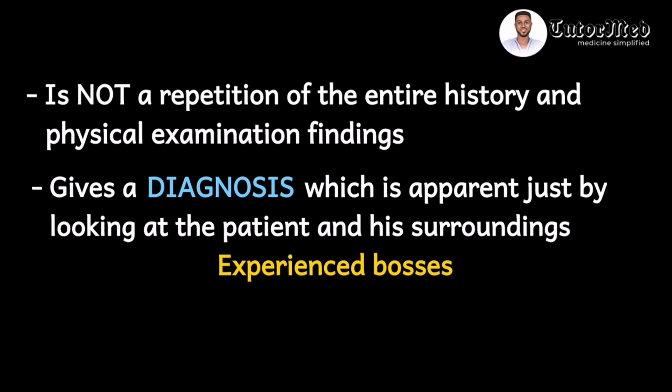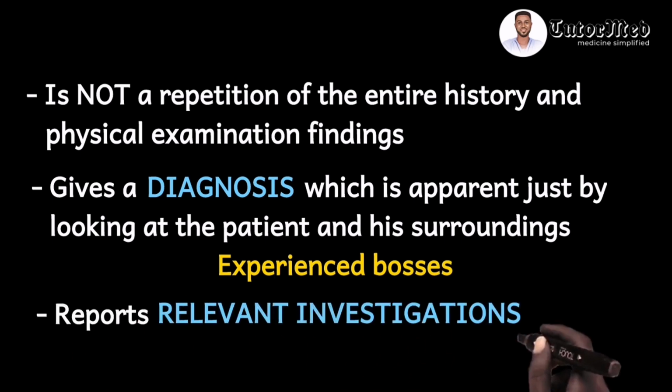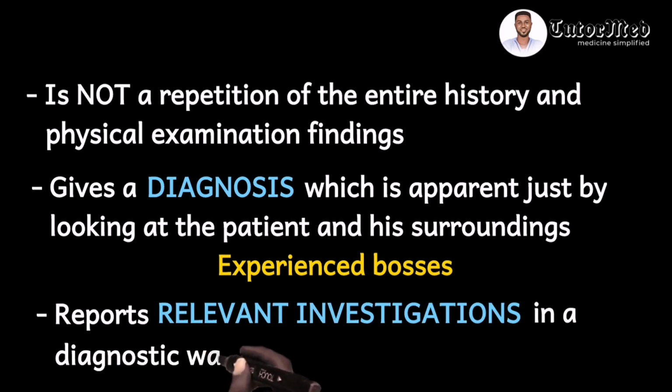Very good. Another feature of a good case summary is that it reports relevant investigations in a diagnostic way. For example, instead of saying the full blood count shows an HB of 9.9, MCV of 82, MCHC of 33, platelet count of 238, and so on, a good case summary would say the FBC shows moderate normocytic normochromic anemia, an HB of 9.9 grams per deciliter, with a normal platelet and white cell count.